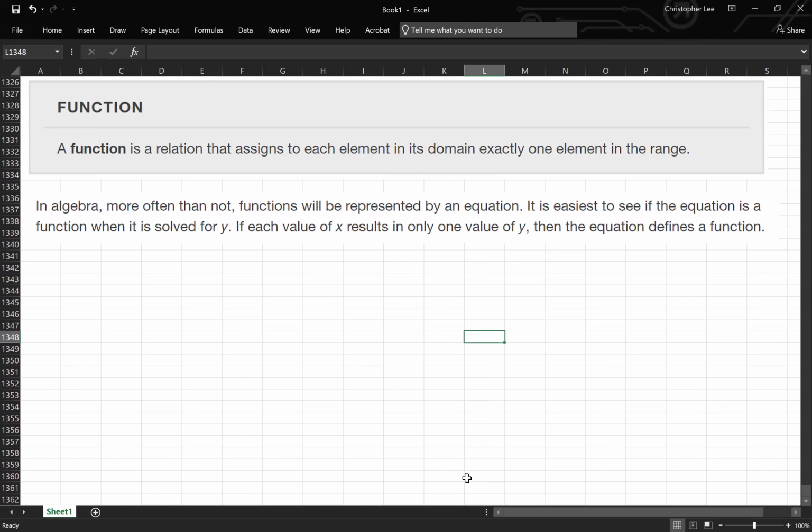If you can solve for y, if you can get y equals something, that's a function, period. Now let me clarify my English a little bit. If you can get y to equal something, it's a function, not some things. If you have multiples, that's not a function. Just so we're clear.